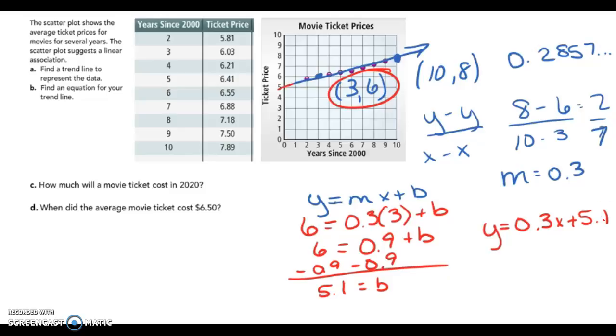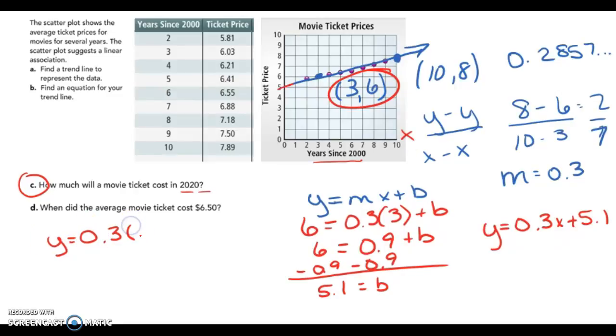That's my equation. And then it says, how much will a ticket cost in 2020? So I'm on C now. So the years since 2000, 2020 is going to be 20 years since 2000. And this is the x-axis. So I'm going to replace y equals mx.